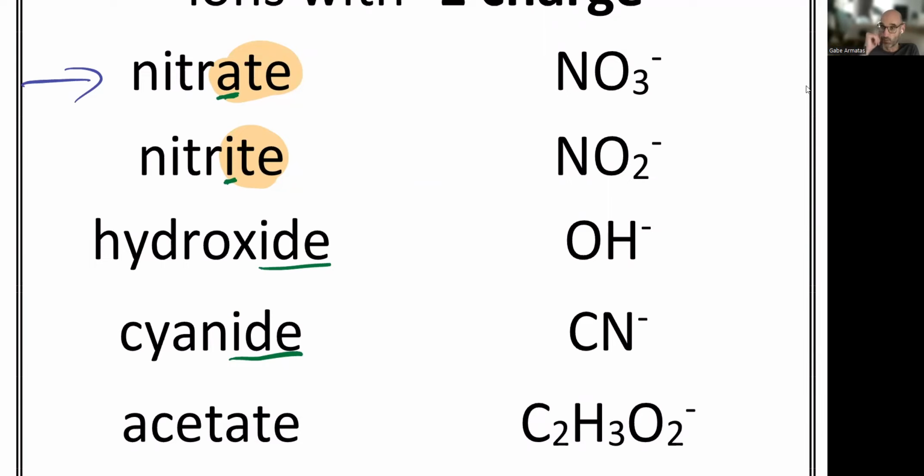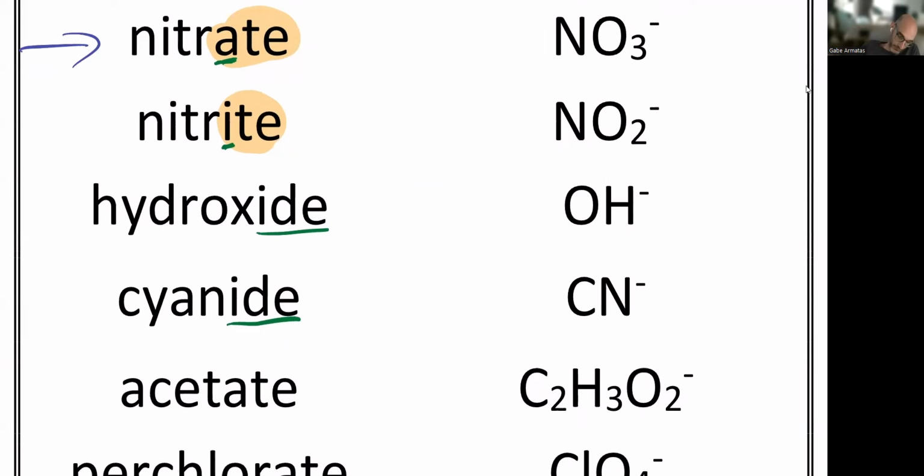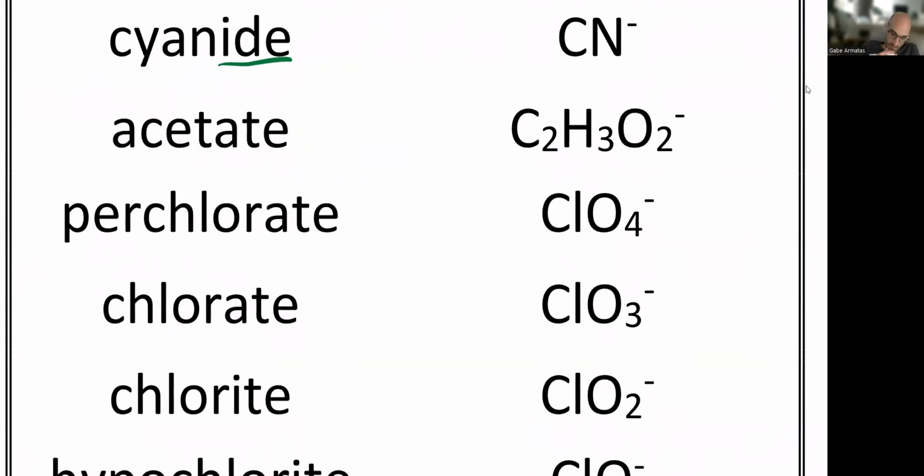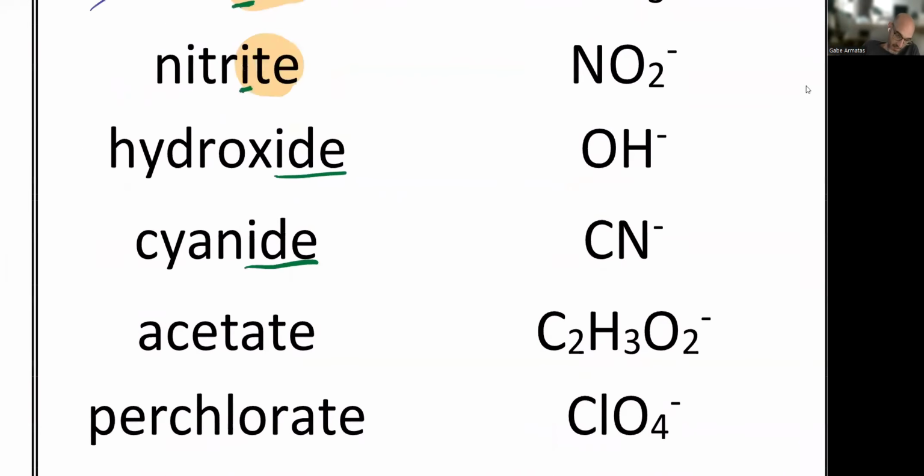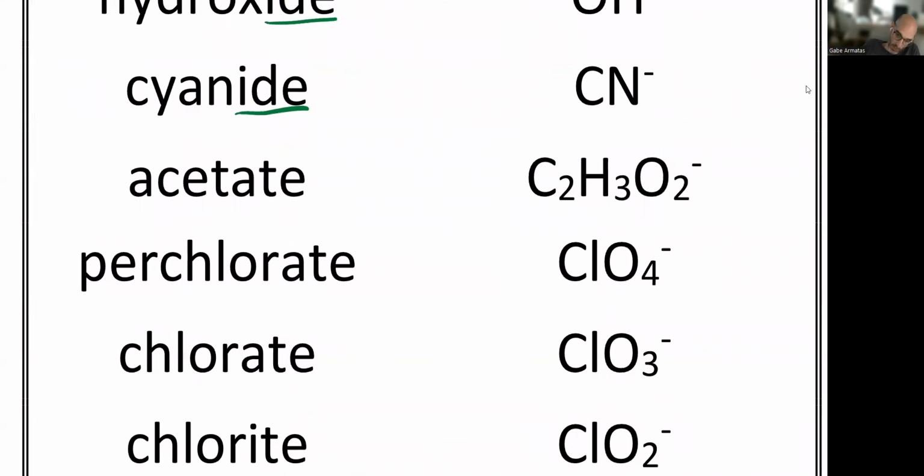So again, those have -1 charge, but they're always going to be groups together. Acetate, notice again, the ATE ending, when I only have one type, acetate is the only one. I only have acetate, there's only one version of it. That's it. There's no ITE version, there's just acetate, okay, -1 charge.